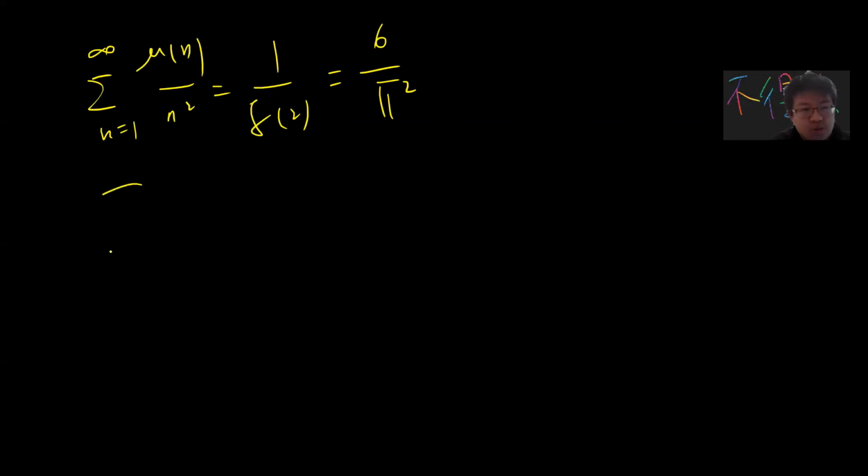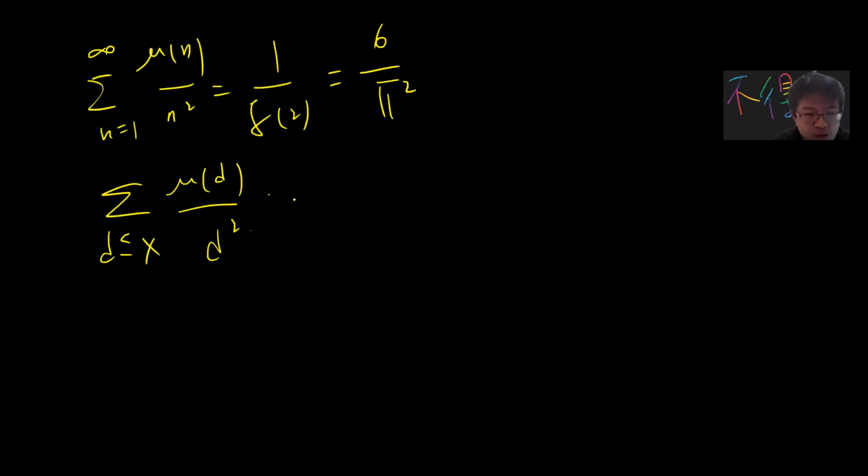Because our goal is to bound these terms. So what should we do, right? This term is basically bounded by 6 over pi squared, with the error term coming from this 1 over d squared. Once you got this idea, it's very easy to prove.